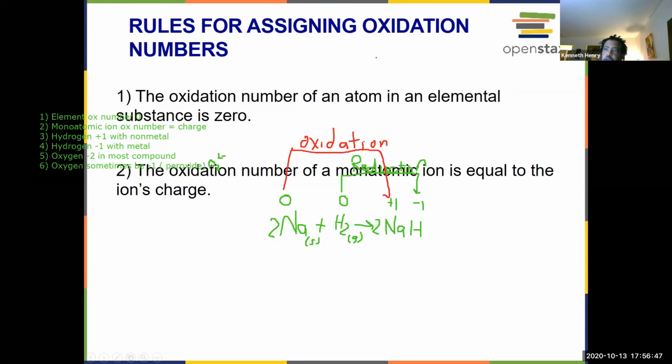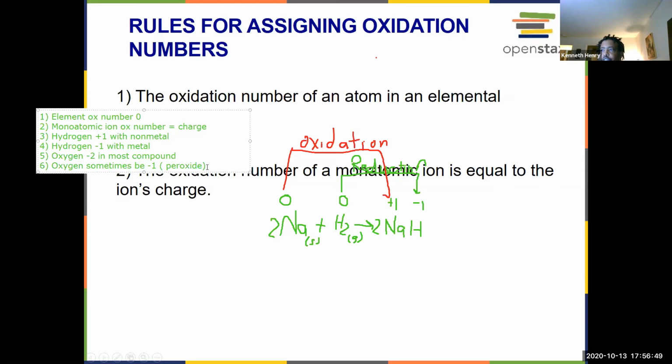And rarely, very rarely, oxygen will be crazy. We'll have a -1/2 oxidation number. And then this is in the case of superoxides.